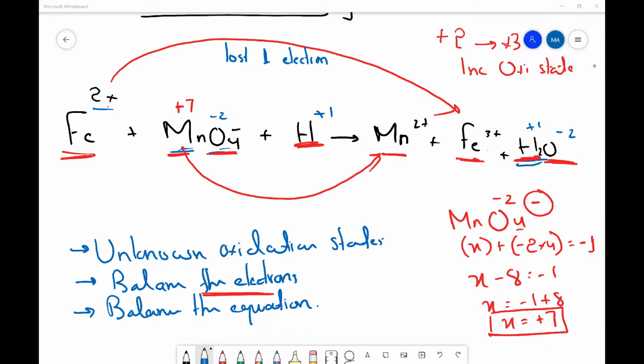To see how iron's oxidation state is changing from plus 2 to plus 3, right? So this is increase in oxidation state. And increase in oxidation state is oxidation. Oxidation is also loss of electrons. If the oxidation state is increasing by 1, this indicates that this iron is losing 1 electron, right?